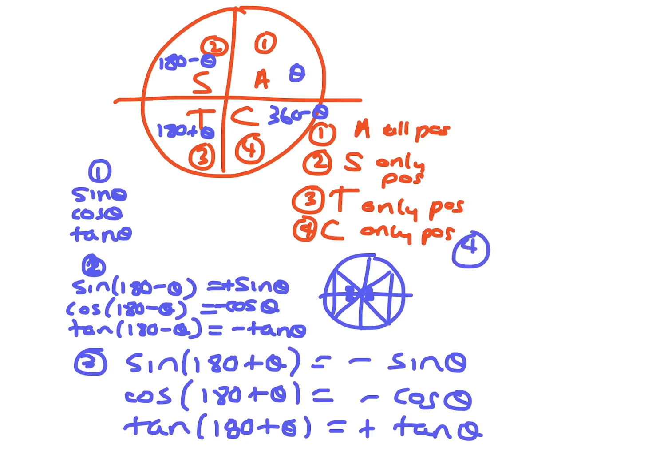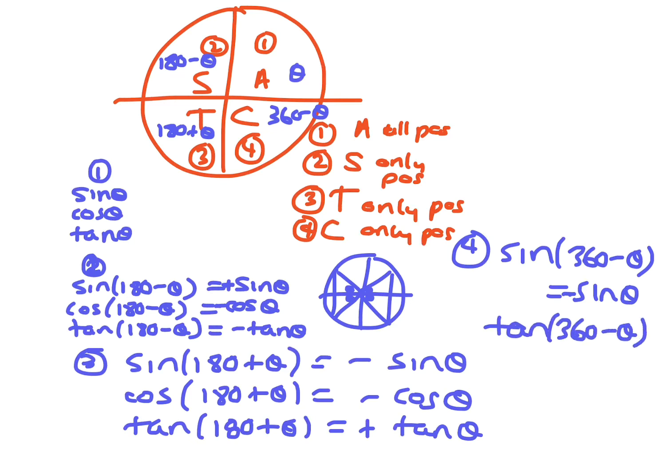And in quadrant 4, sine of 360 minus theta is negative sine theta. Tan of 360 minus theta equals minus tan theta, and cos of 360 minus theta equals cos of theta, because in that quadrant only cos is positive.